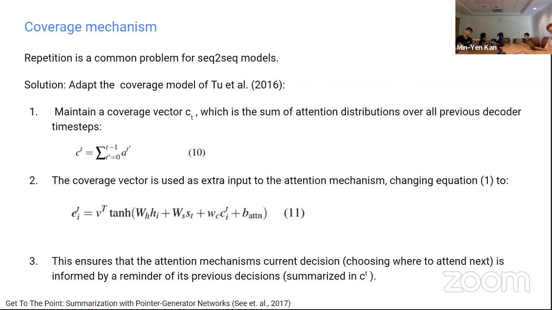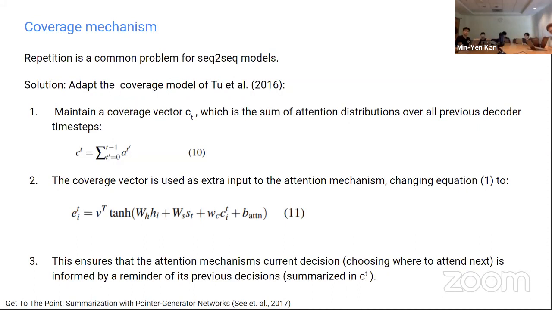There is one more thing they introduce in the paper, called the coverage mechanism. One thing that's quite common with sequence-to-sequence models is the repetition problem, and the solution to this is the coverage model introduced by Tu in 2016.